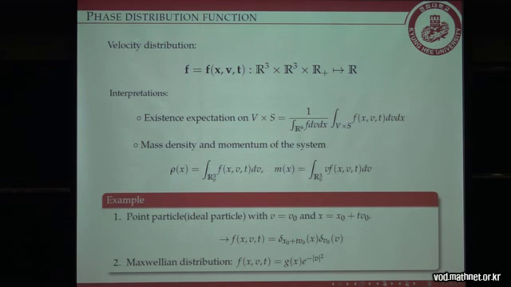Then our velocity distribution has this form, the product of two Dirac deltas in x and v. It's easy, right? Another example is the Maxwellian distribution. This is a kind of steady state, and it has a Gaussian distribution like this.